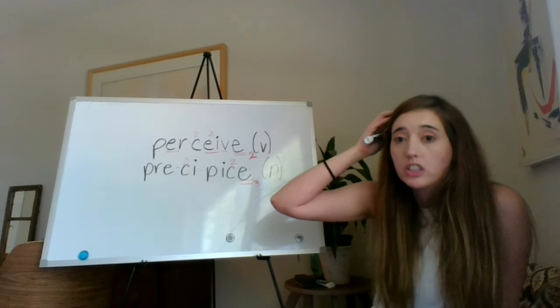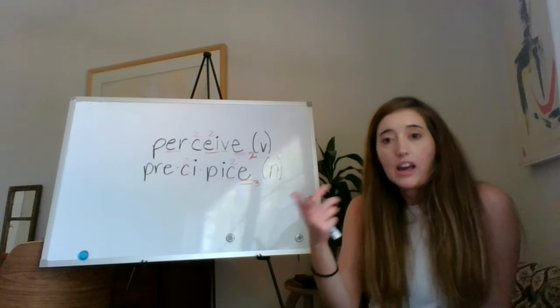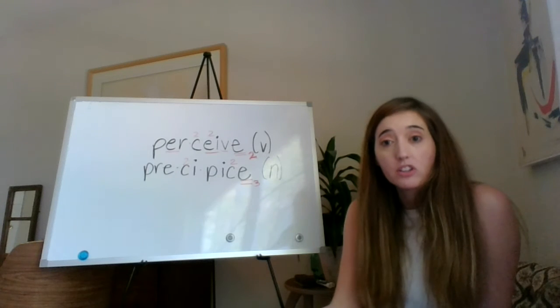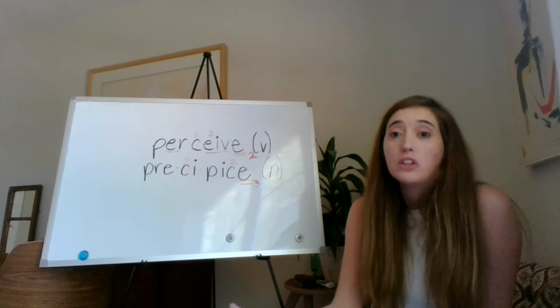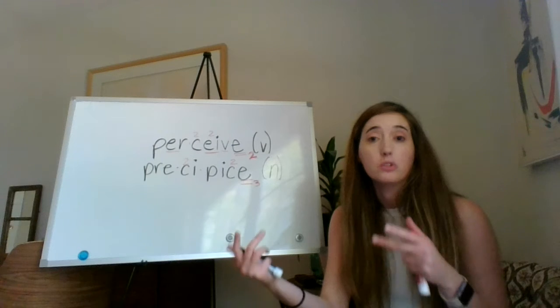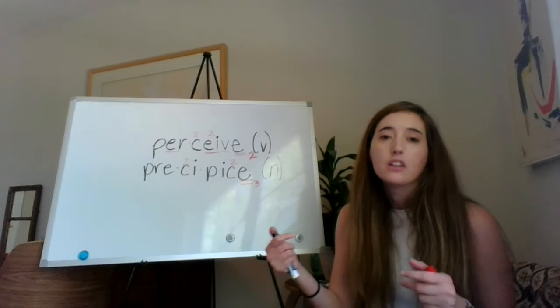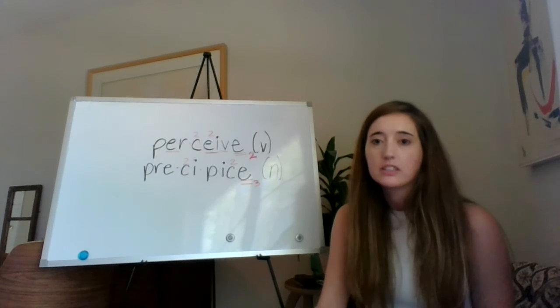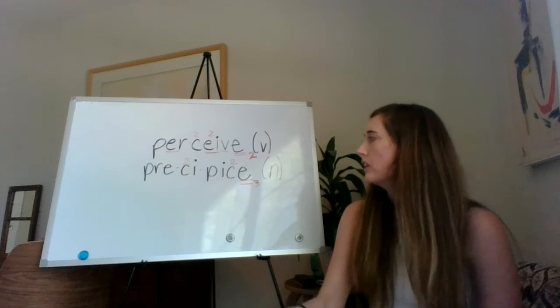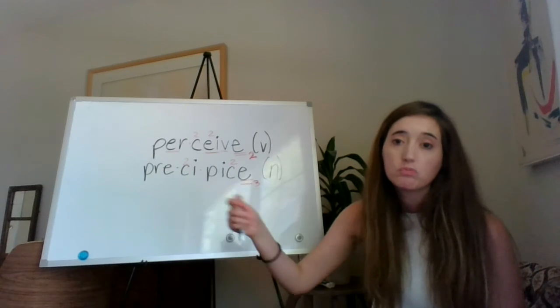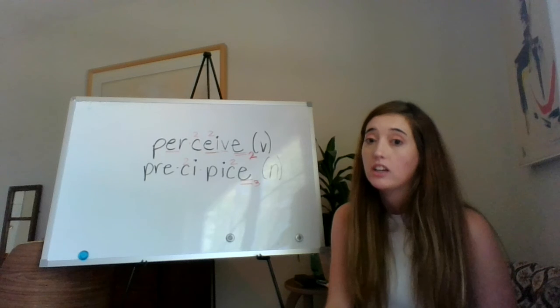So precipitation is actually like going head first. And even though we usually use it to refer to raindrops or water droplets of any kind, it really is just saying, head first. Okay, so precipitation is our word.